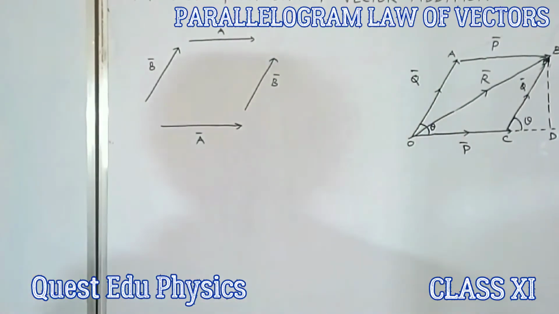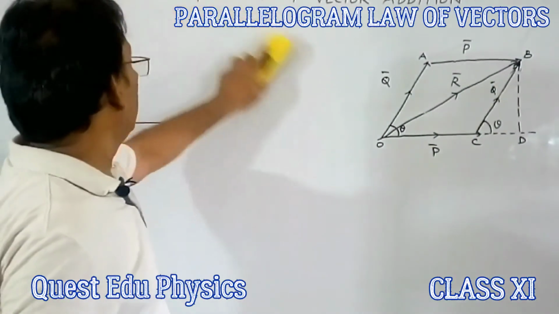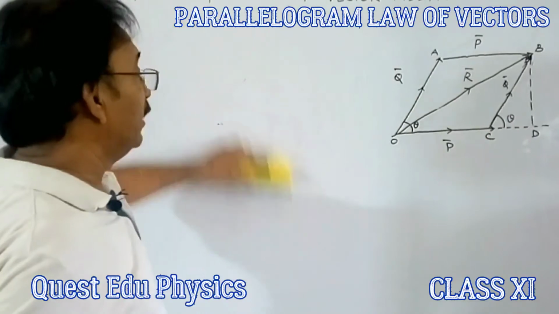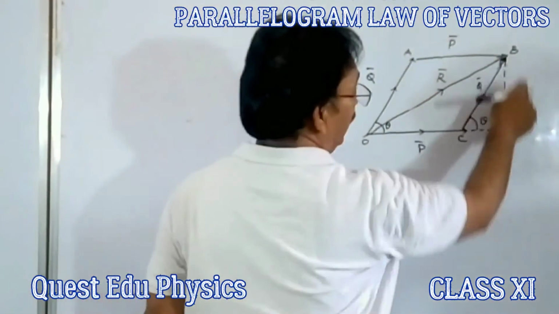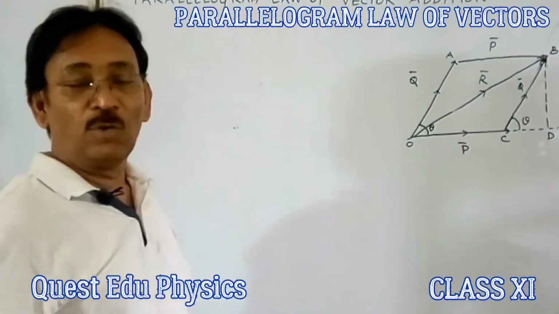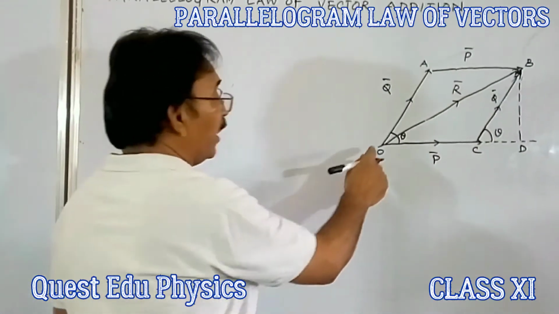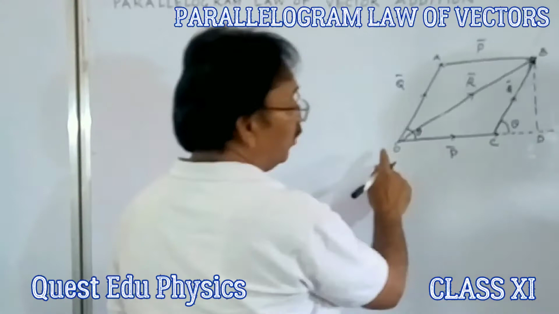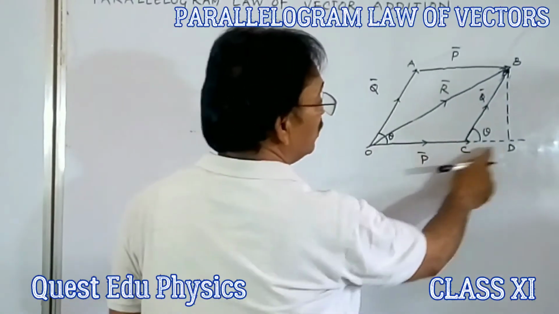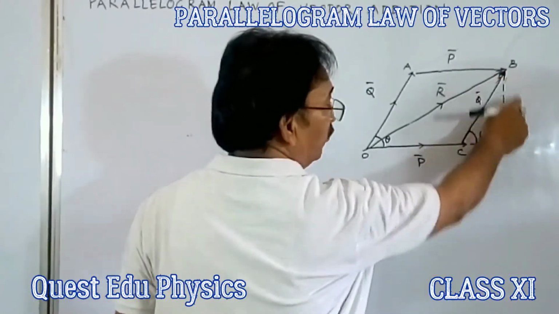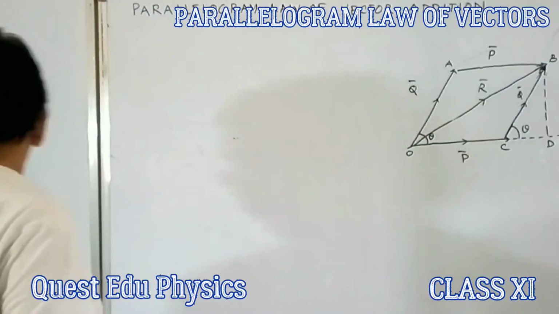If you watch it carefully, you will get a right angle triangle there, that is OBD. And you know that according to the Pythagoras principle, the square of the hypotenuse must be equal to the square of the adjacent plus the square of the opposite. I am using the same here.